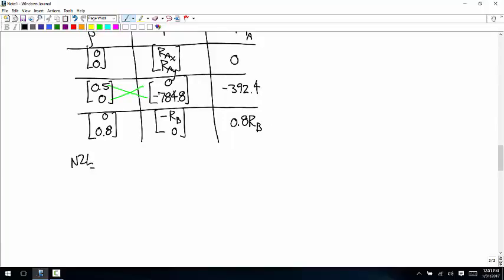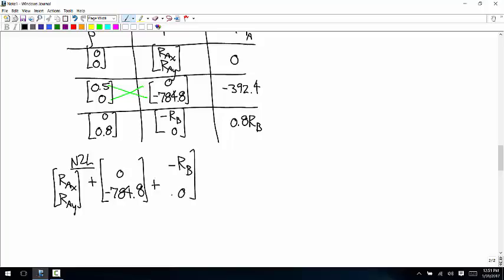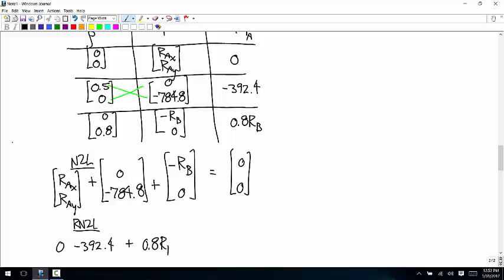So Newton's second law says add up all these and set them equal to 0. Rax, Ray plus 0, negative 784.8. Plus negative RB, 0 is equal to zeros. And the moment equation says 0 minus 392.4 plus 0.8 RB is equal to 0.